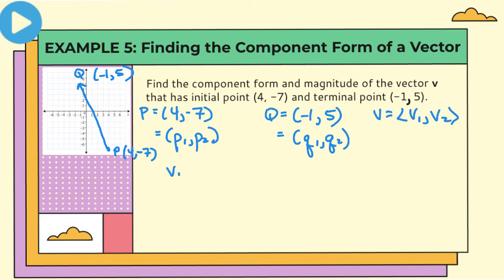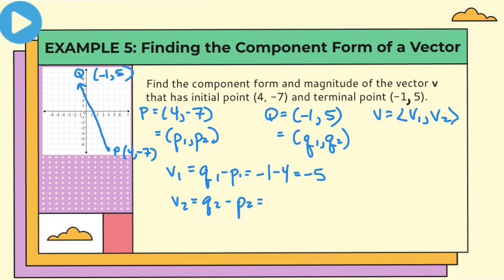We find V1 using Q1 minus P1, and we find V2 using Q2 minus P2. So Q1 is -1, P1 is 4, -1 minus 4 is -5.